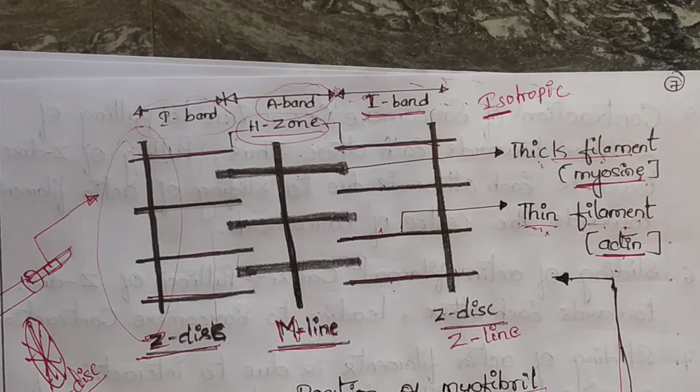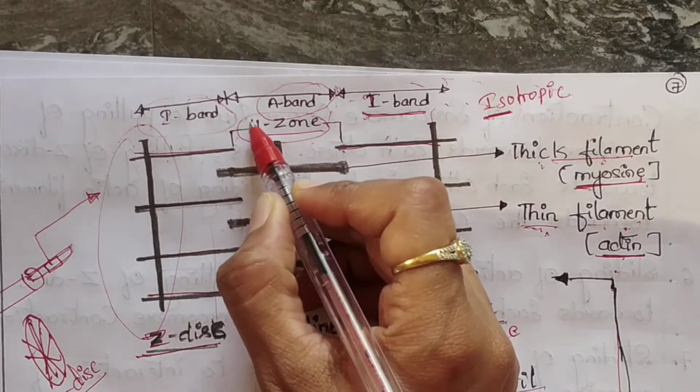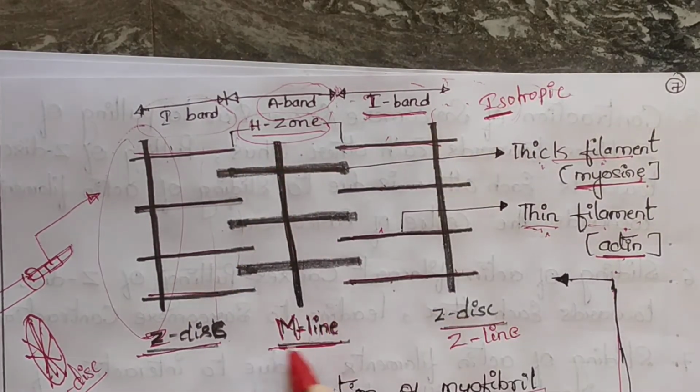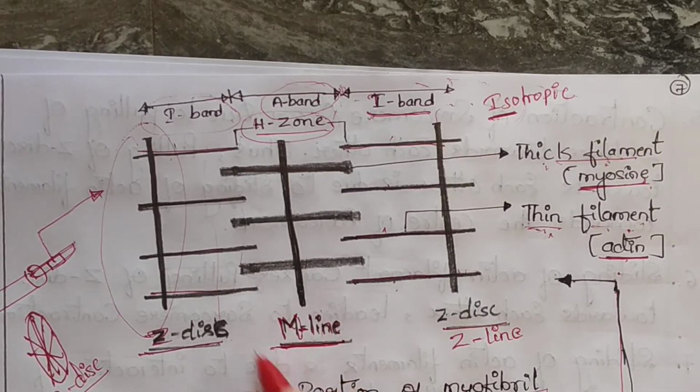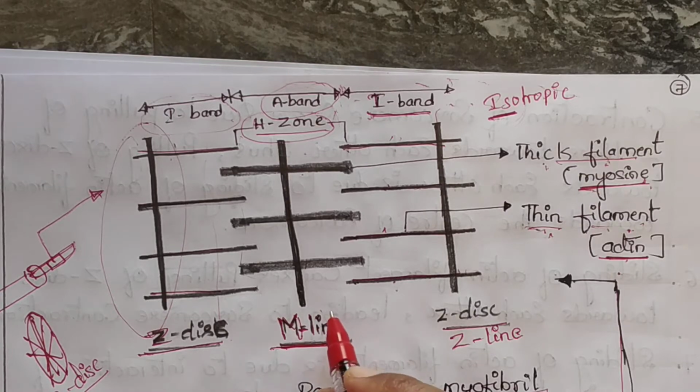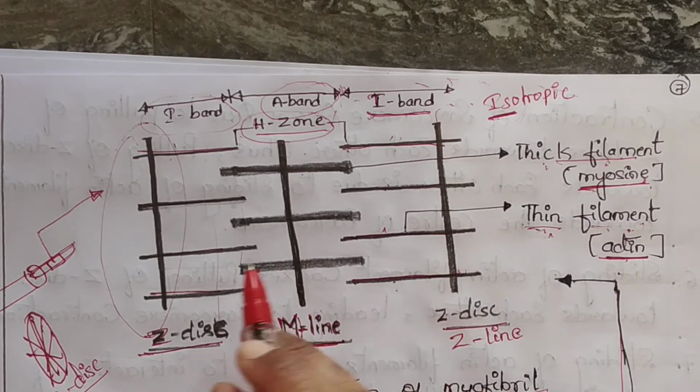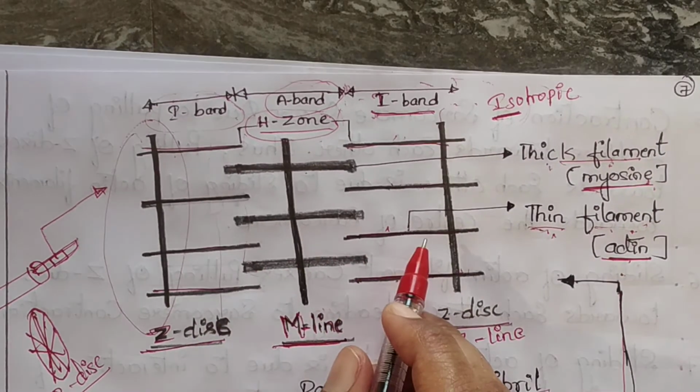It contains a partition structure called the M line. You can see here that this H zone contains the partition structure, that is the M line. This M line divides or partitions the sarcomere into two identical halves, that is, two similar sides.